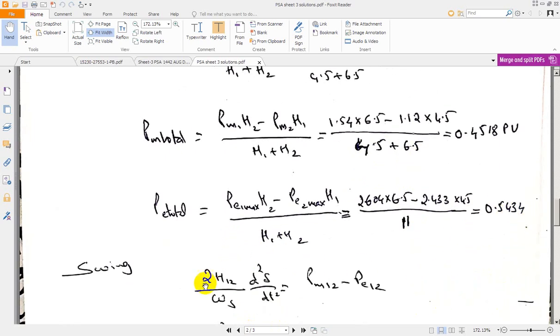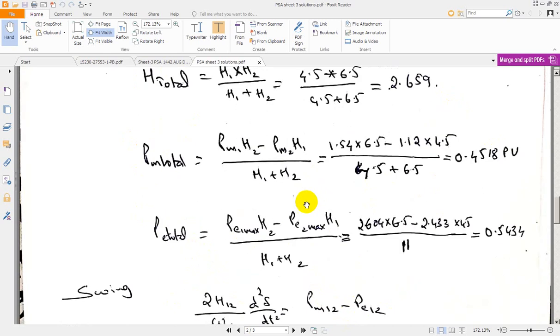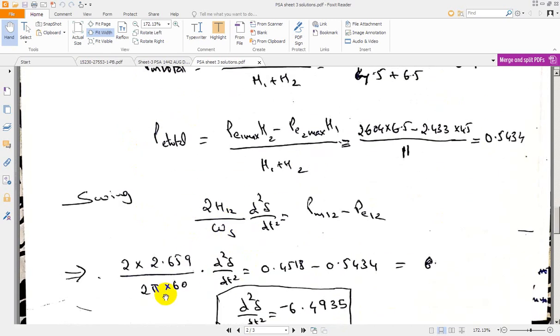Then the combined swing equation will be 2H12 divided by synchronous speed omega s, d square delta by dt square is equal to PM12 minus PE12. This is the combined swing equation. We got PE12 from here, PM12 from this value, H12 from this, and omega s is 2 pi f.